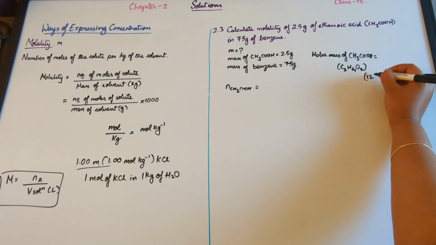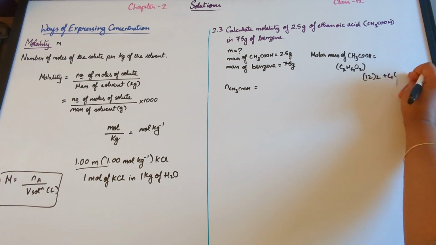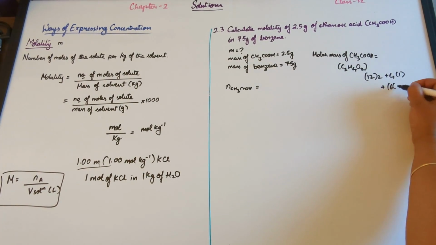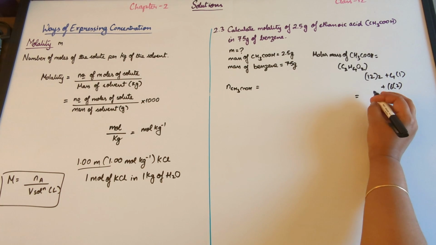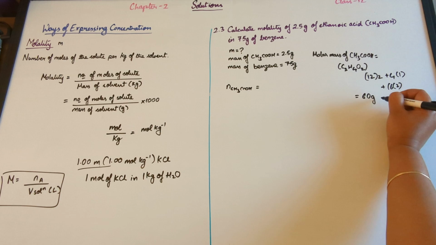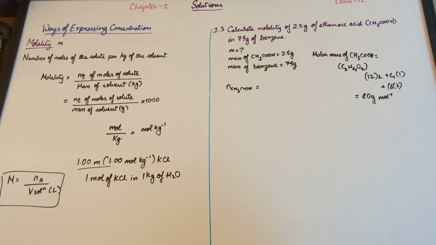So 12 into 2 plus 4 into 1 plus 16 into 2, which is equal to 60 grams per mole. This is the molar mass of acetic acid or ethanoic acid.